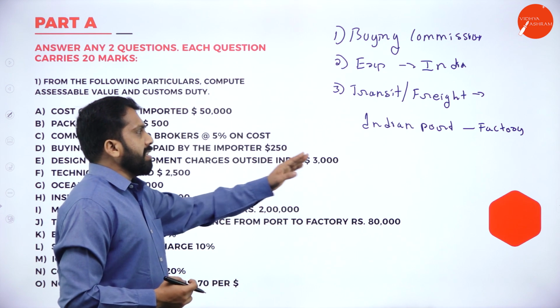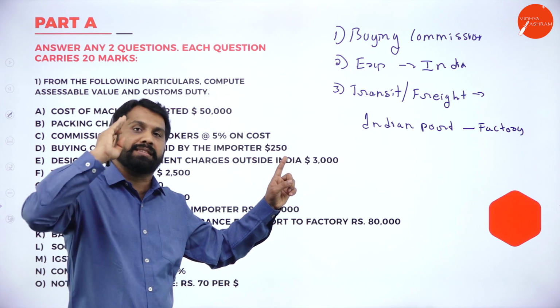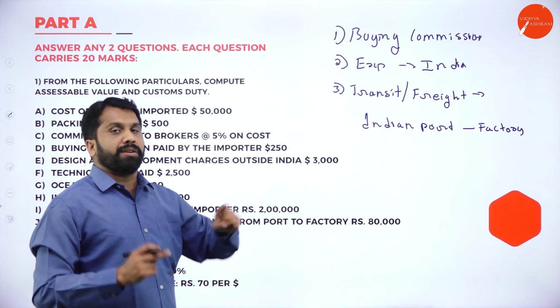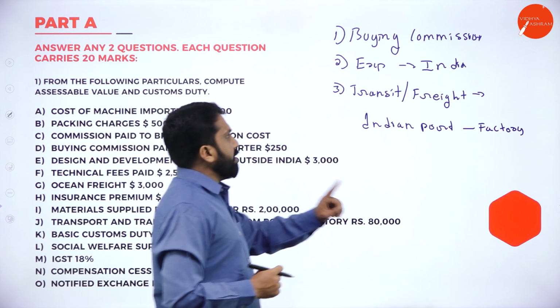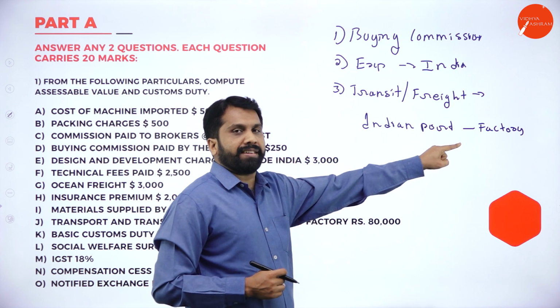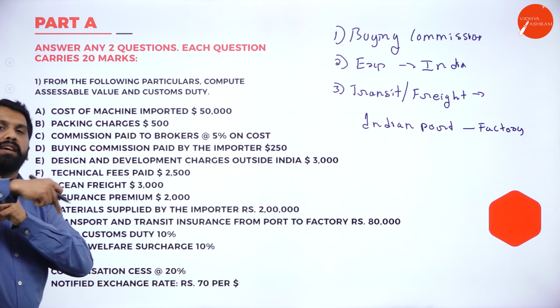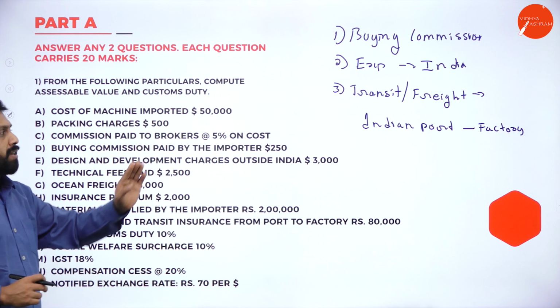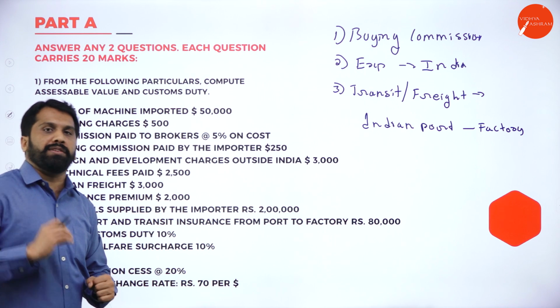Your branch is in Bangalore, but it is imported where? Delhi. From Delhi to Bangalore, you need to transport. It is where? In India. So any transportation or freight from Indian port to factory, we are not supposed to take. Remember this. If we do any transportation in India, those are not part of your custom duty valuation.